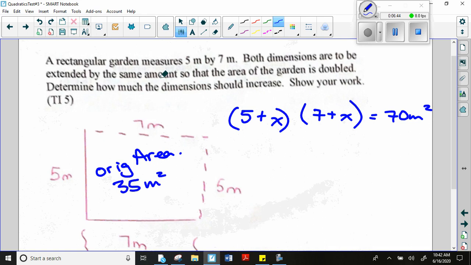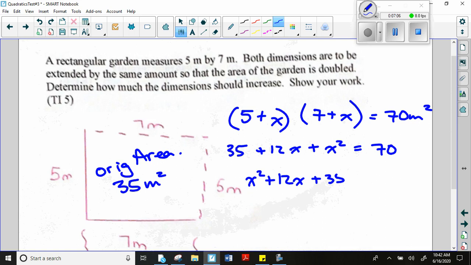So let's do that. FOIL. 35. I'm skipping some steps. 7x, 5x, 12x, 70.